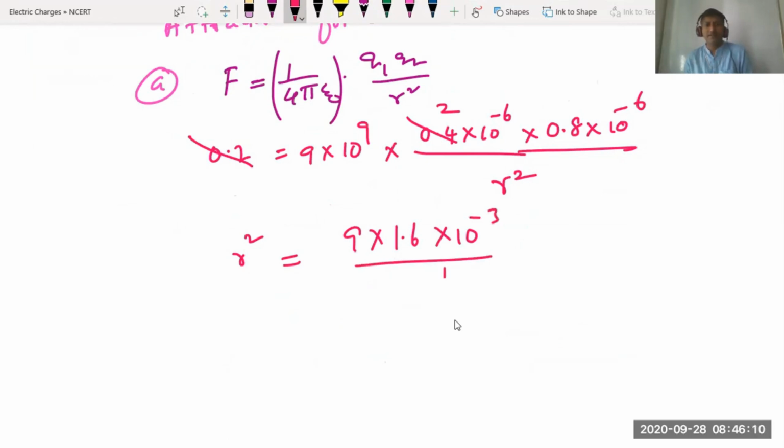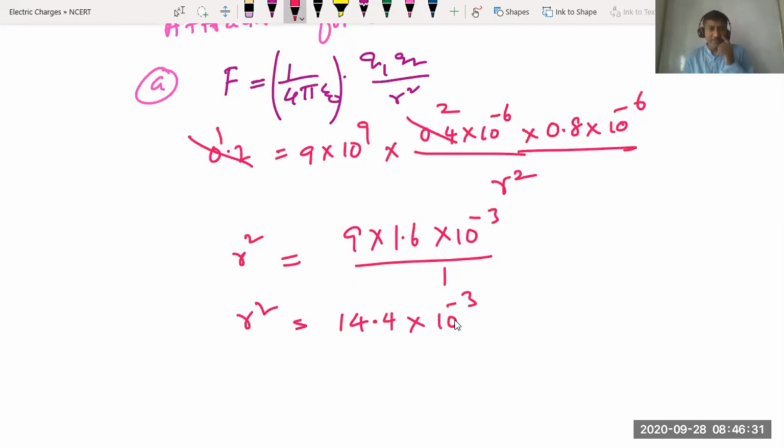Divided by 1, this side 1 is there. So r square is nothing but 9 into 1.6, that becomes 14.4, 16 nines are 144, likewise 10 power minus 3.